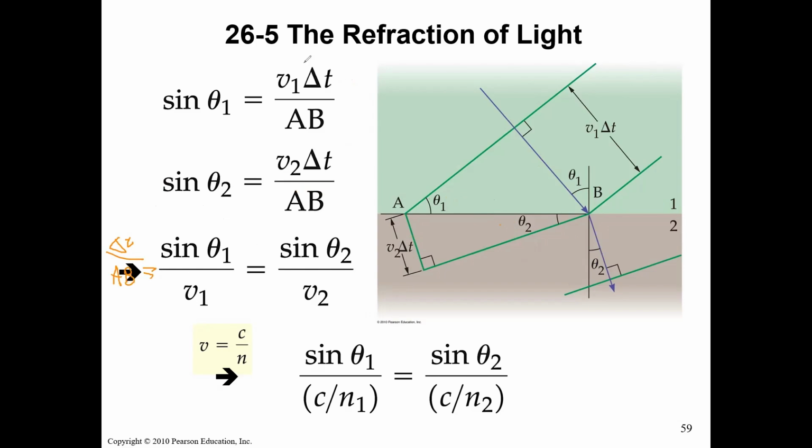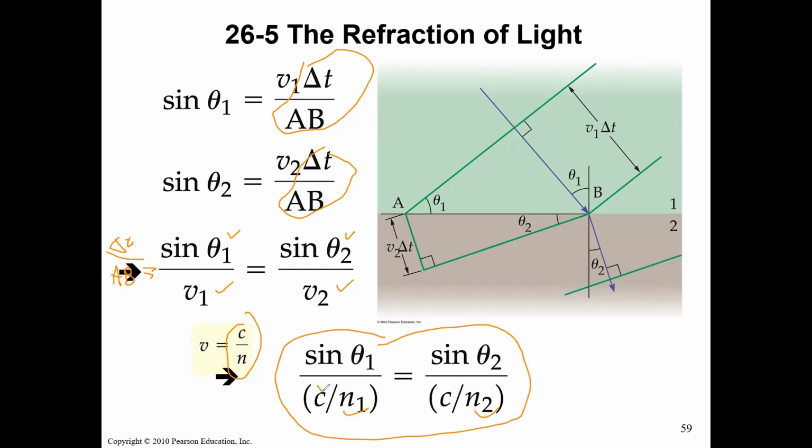The first expression has sine theta 1 divided by v1, and the second has sine theta 2 divided by v2. And v is just c divided by the index of refraction n, so v1 is c over n1 and v2 is c over n2, and we arrive at this equation.